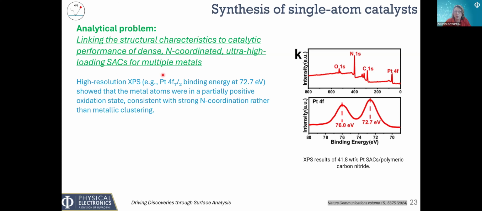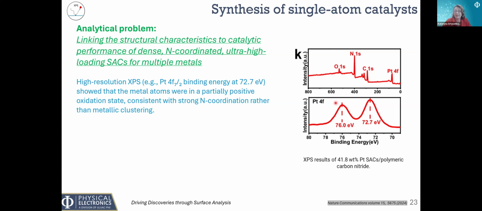They use platinum supported on a carbon-nitrogen rich matrix to create really individual platinum atoms. First, we can look at the surface spectrum. The surface spectrum tells everything that is present. We can see platinum is present, indeed in a high loading, and we have oxygen, nitrogen and carbon as we expected from the support.